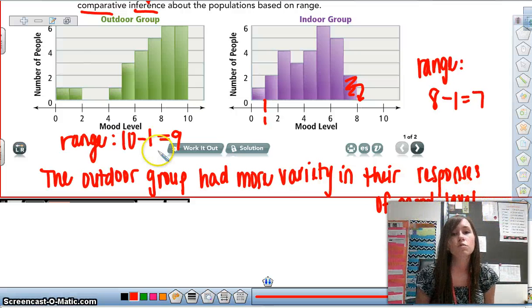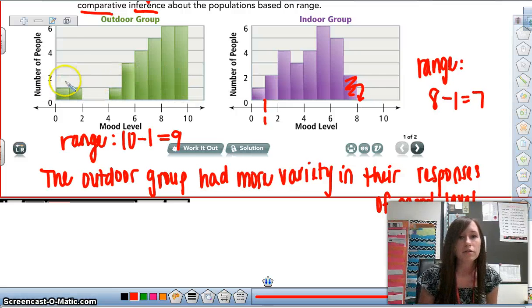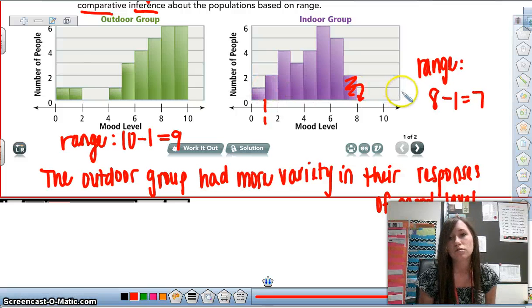Their answers were more spread out, all the way from 10 down to 1. Whereas the indoor group was more grouped together. It was still pretty spread out because the range isn't that different, from 9 to 7, but it was a little more grouped together and not quite as spread out.